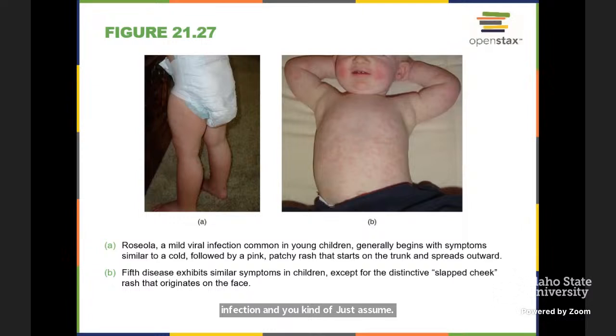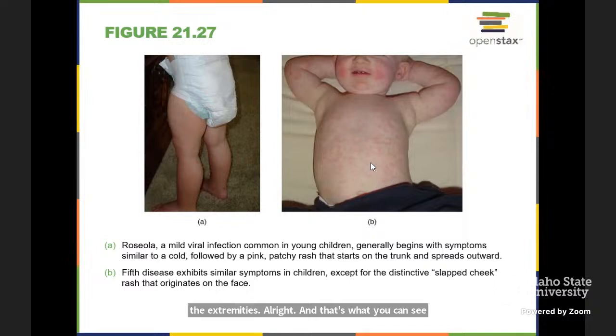It is something that resolves pretty quickly, all right? So often starts with symptoms that kind of mimic a cold. And then we see pink, patchy rash. It starts on the trunk and then moves to the extremities, all right? And that's what you can see here.